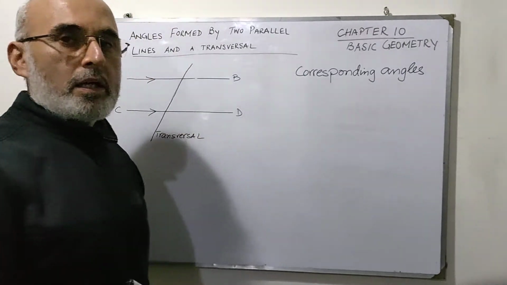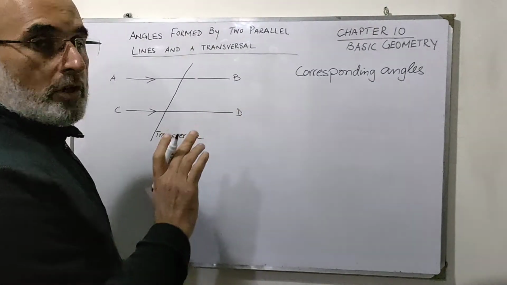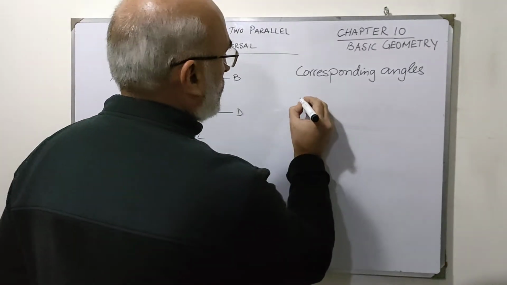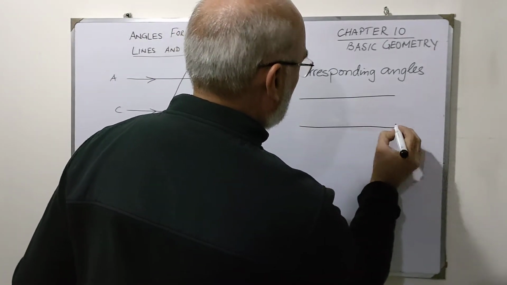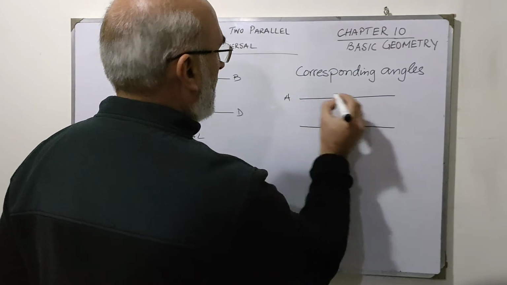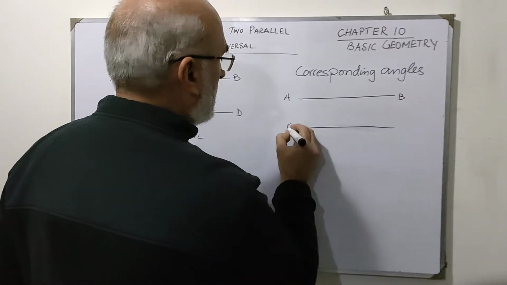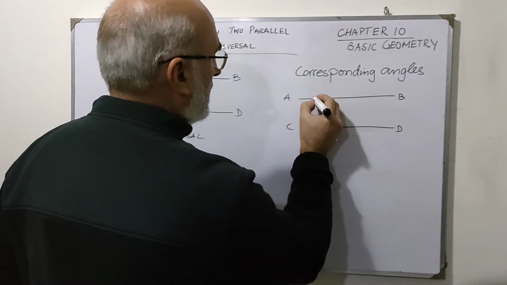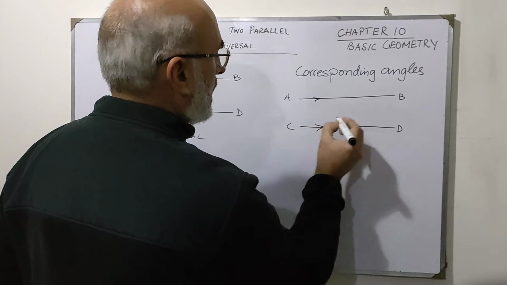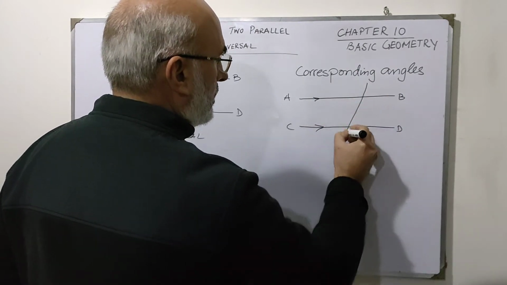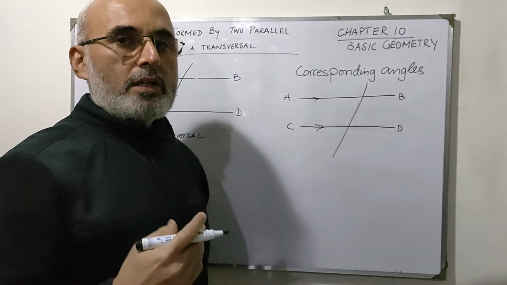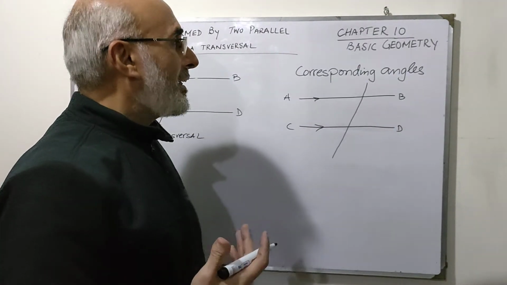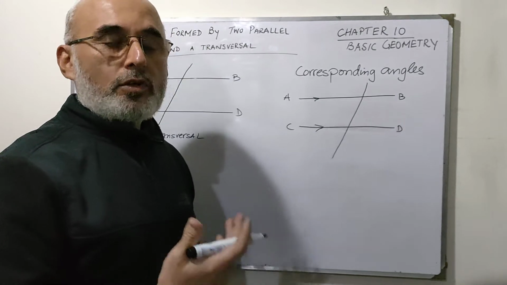Now, what are the corresponding angles? The situation we have is two parallel lines A, B, C, D. The lines are parallel, straight, and they are intersected by a third line. The angles formed we are going to discuss are the corresponding angles.